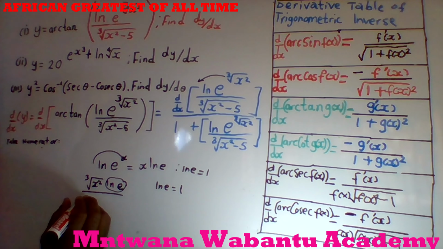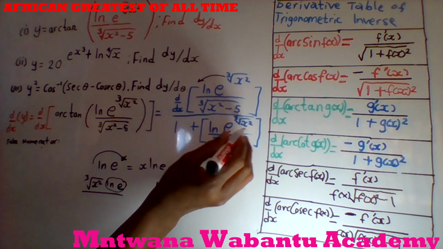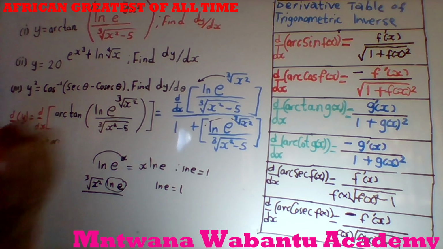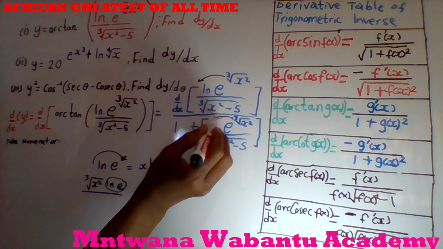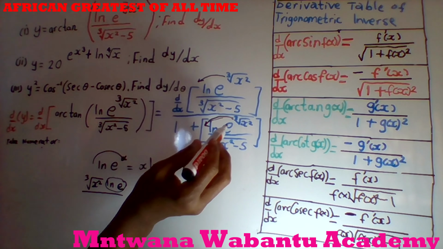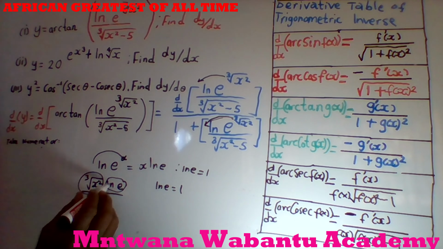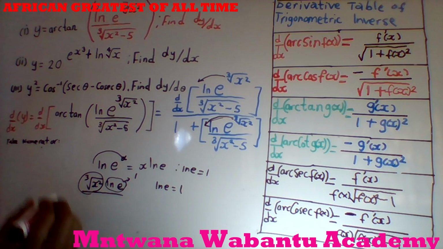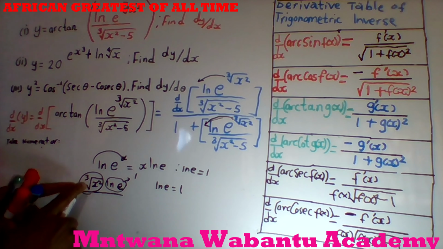Even here, all this stuff goes to the front, so we only have this part, because ln e is equal to 1. So x cube root of x squared.